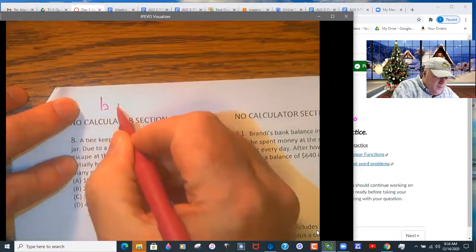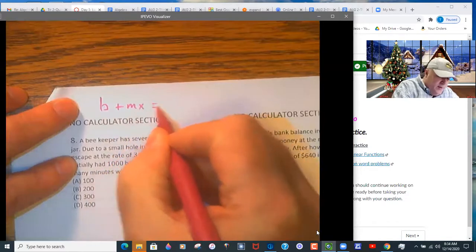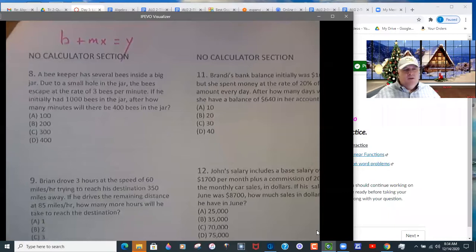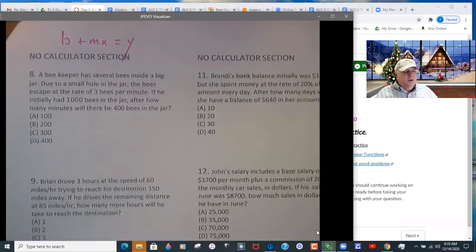Like b plus mx equals y. So I wrote that all messed around, but literally this is it, and sometimes it's b plus mx on one side, then another b plus mx on the other side. It's on both sides, in other words. That's how you have to think when you come across a linear type of problem.